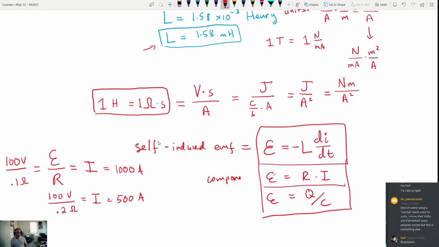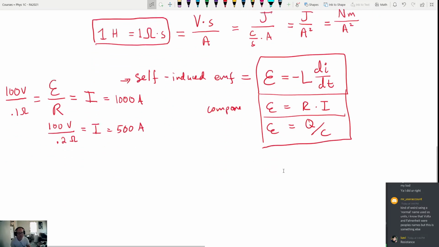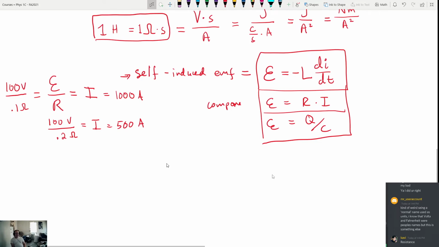So how does that work with self-induced EMF? The self-induced EMF equation states, if we just ignore the negative sign for a second, let's just talk about the absolute value. The negative sign is there to represent that when the current increases, the induced EMF is opposing the current, and when the current decreases, the induced EMF is going to be in the same direction as the current. But let's just talk about the absolute value of it, and let us divide by L. This is then equal to di/dt.